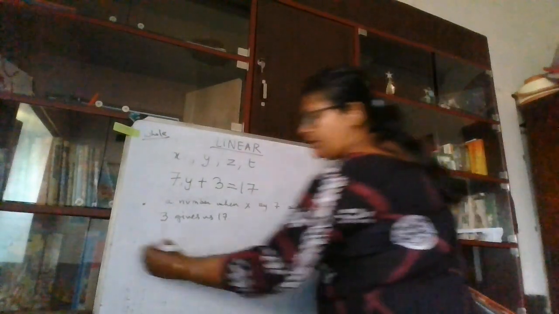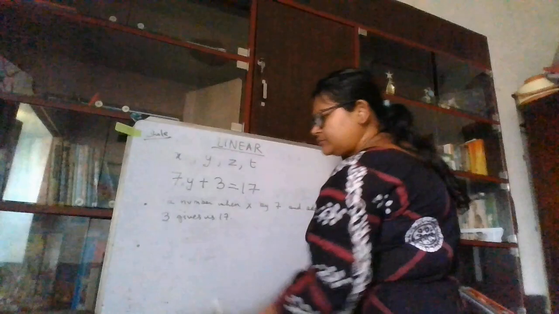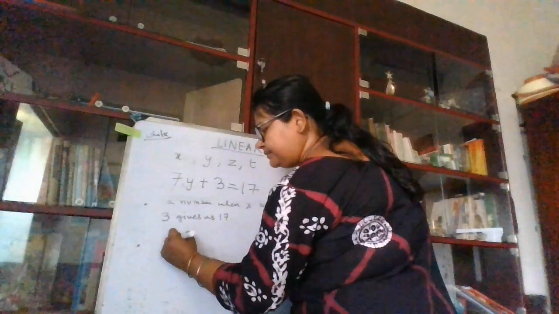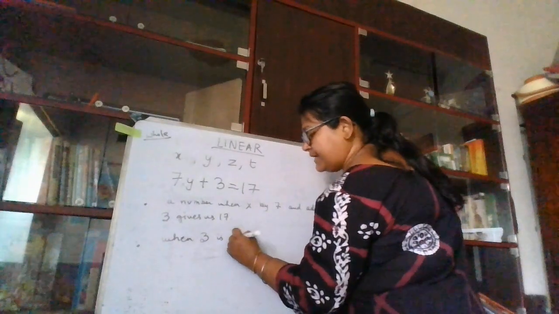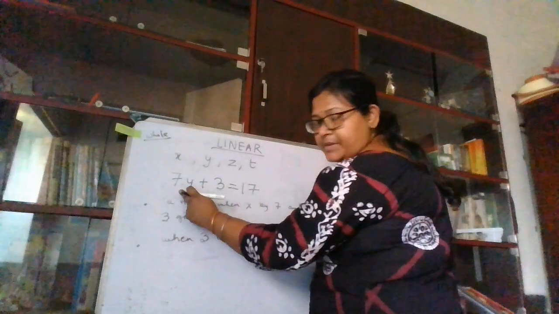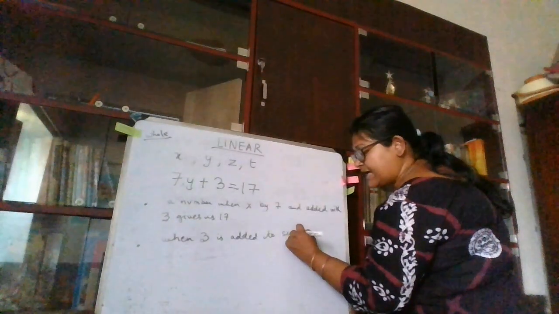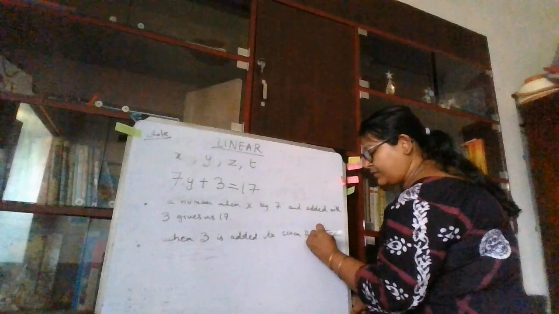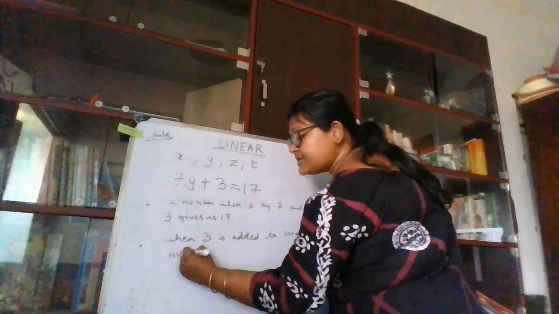Okay. An alternate way of writing is: when 3 is added to 7 times a number. 7 times a number means 7x.